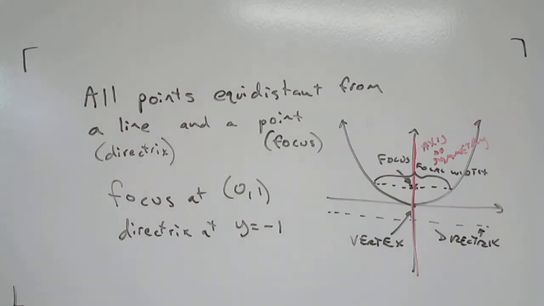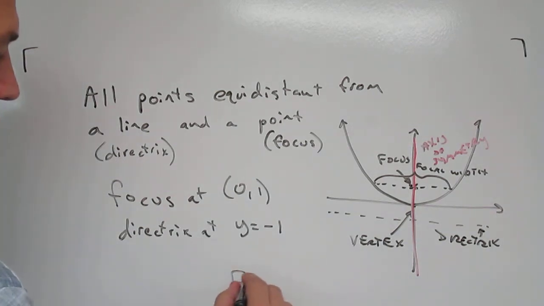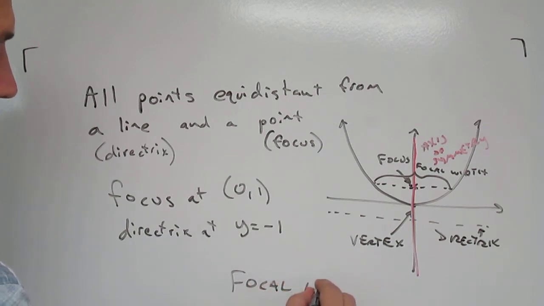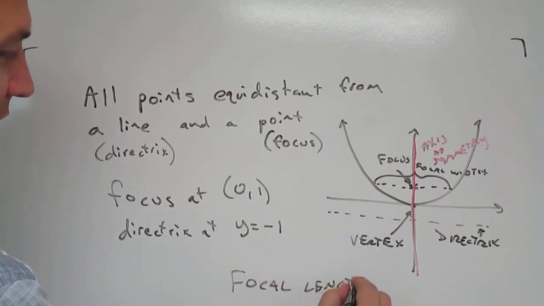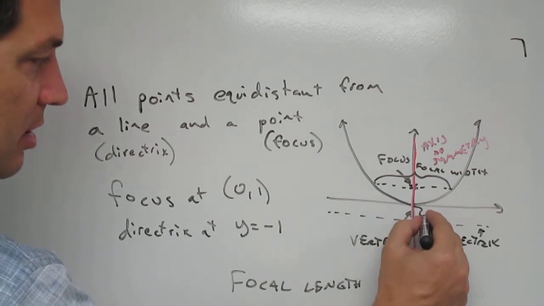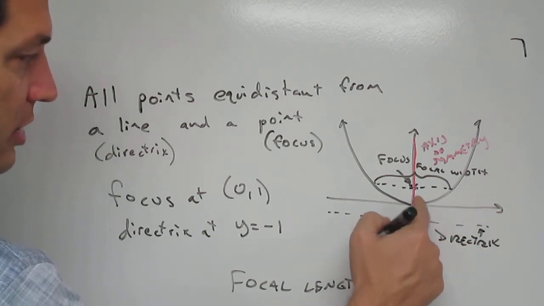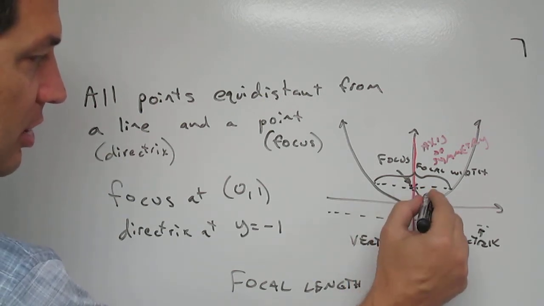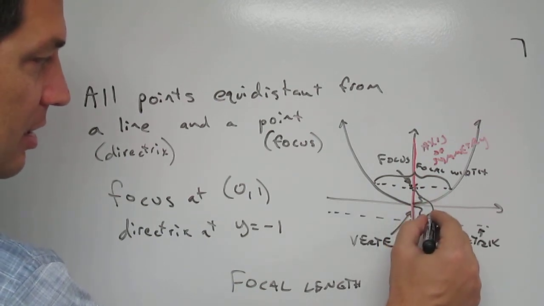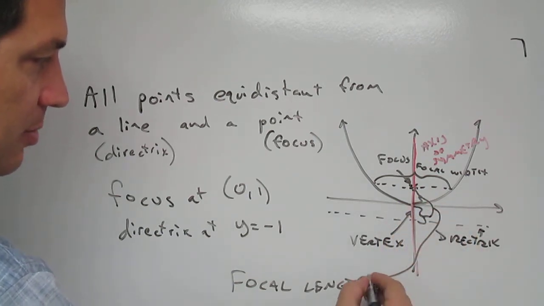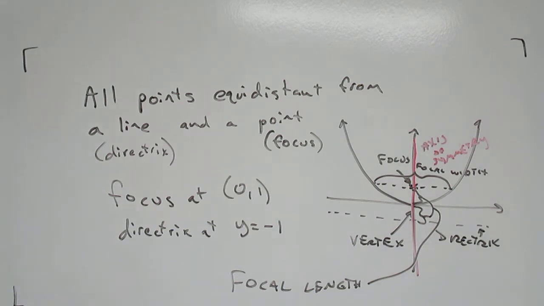And then the last thing that I want to talk about is what's called the focal length. And that's going to be this distance between the directrix and the vertex. And it'll also be the same thing as the distance between the vertex and the focus.